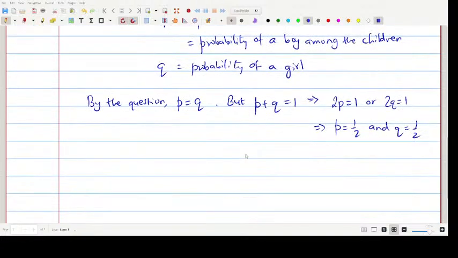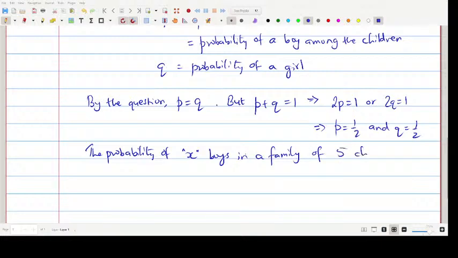So basically, the probability of X number of boys in a family of 5 children, with equal probability for boys and girls, is given as follows.